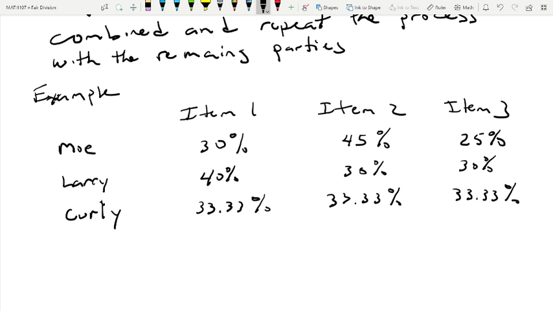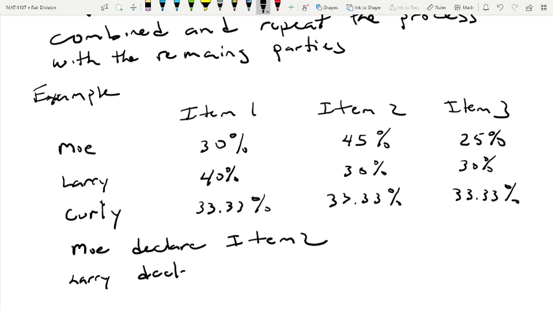Then they come up with their declaration. Mo will declare item 2. Larry declares item 1.